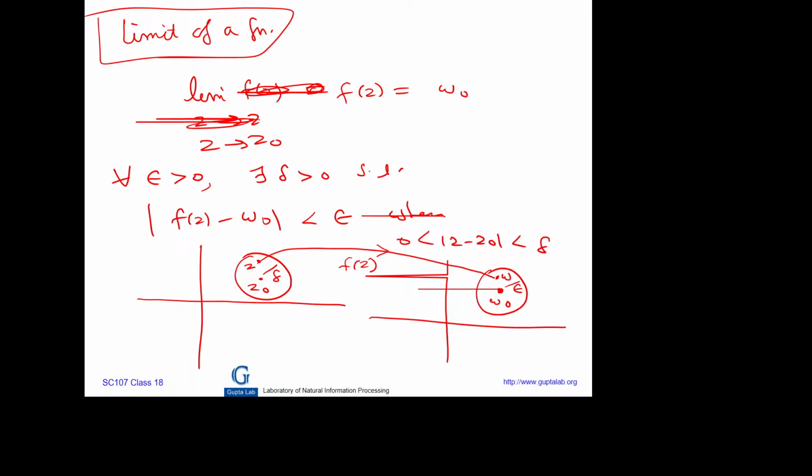Now I started with this inequality, this is nothing but this. Now mod of i is what? i is a complex number, mod of i is 1. So the whole thing will be mod of z minus 1 divided by 2. I can simplify this whole thing.